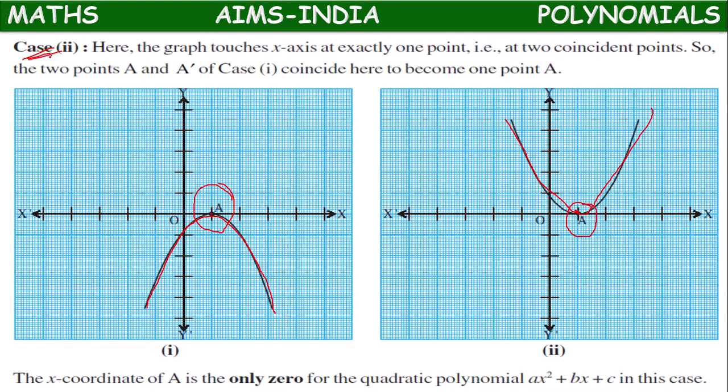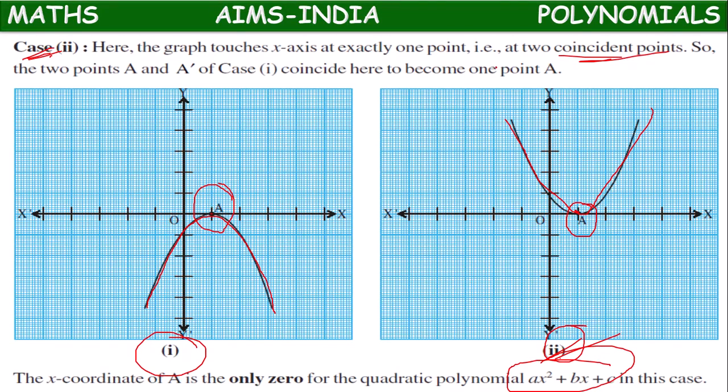If we draw a curve for the quadratic polynomial ax square plus bx plus c, it will be in the form of a parabola just touching the x-axis, as we have shown in the 1 and 2 diagrams.